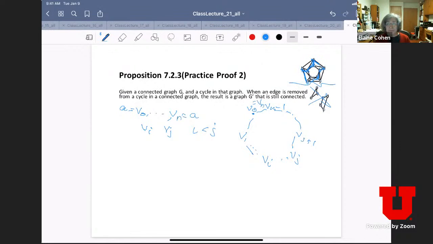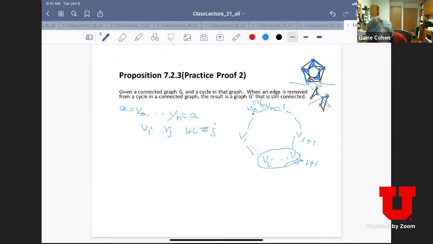So that's our loop. Now you're going to take out an edge. We're removing an edge from the cycle, so j is equal to i plus 1 here. That's an edge, and we're going to take that edge out. We're taking the edge out, but not the vertices. So can I still get between Vi and Vi plus 1?